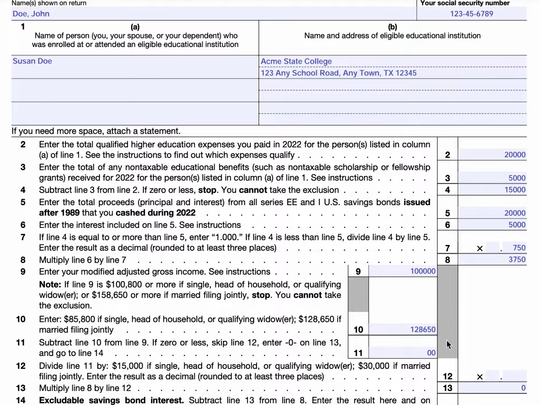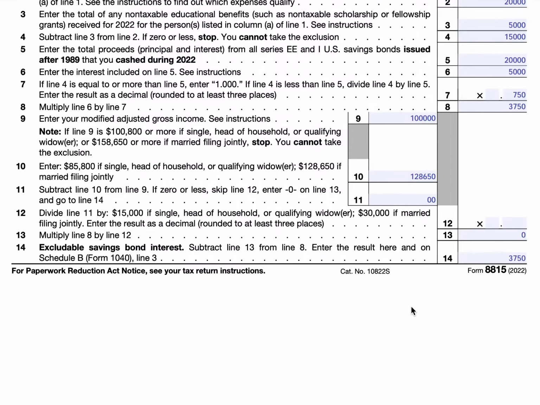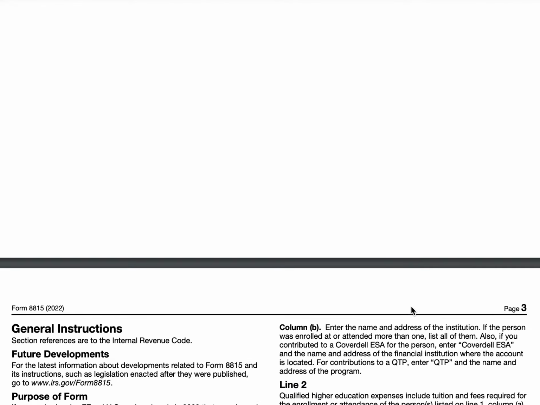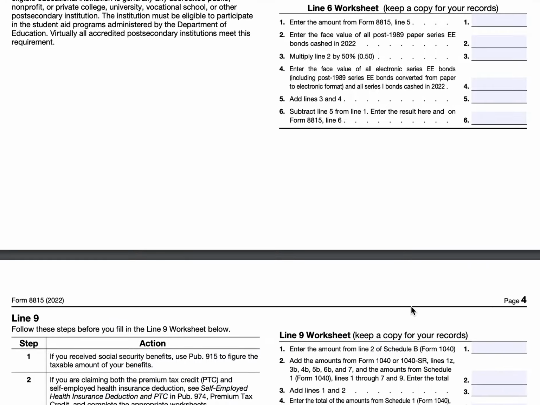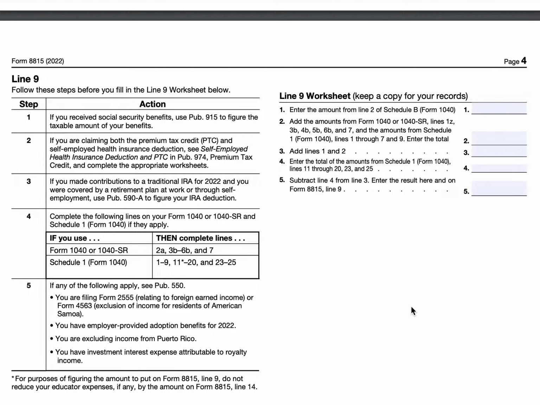So now in steps 9 through 11, we're going to go through adjustments for modified adjusted gross income. In order to calculate your modified adjusted gross income, there is another worksheet, and that is on line 9. So there's a line 9 worksheet where you're going to be pulling certain information from either Schedule B or your 1040.